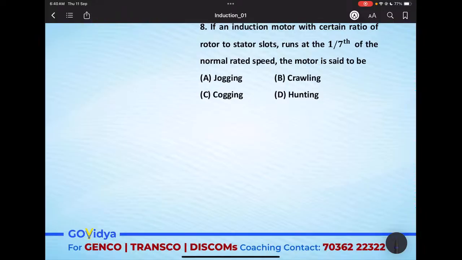The next question is about an induction motor with a certain ratio of rotor to stator slots that runs at 1/7th of the normal rated speed. The motor is said to be... Okay, let's see the concept. Whenever this 1/7th speed comes up in our question, it is related to crawling.